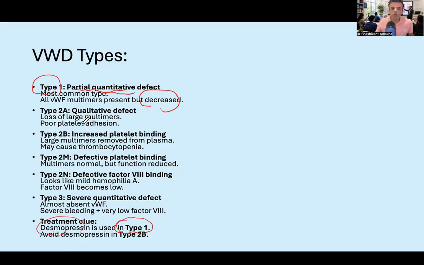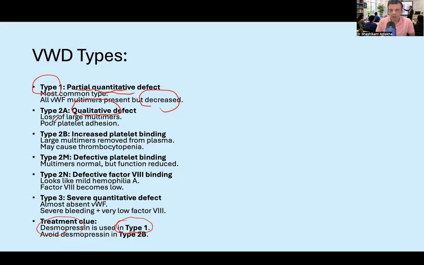And type 2, here there is a qualitative defect, particularly in type 2A. There is loss of large multimers and poor platelet adhesion, which leads to the bleeding manifestations.